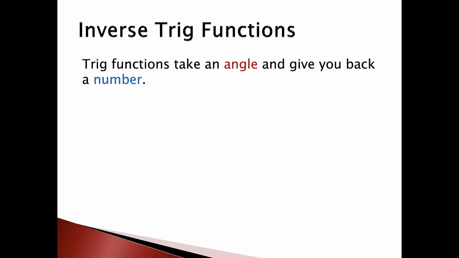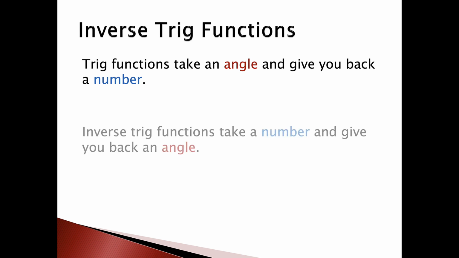What about an inverse trig function? Well, that undoes that process. So it takes the number and gives us back an angle, which again is why cutting down the domain is so important. Because remember, you can take an angle and add 2 pi to it and get the same angle again, right? So you have to know exactly what angle it is you want to get out of this.